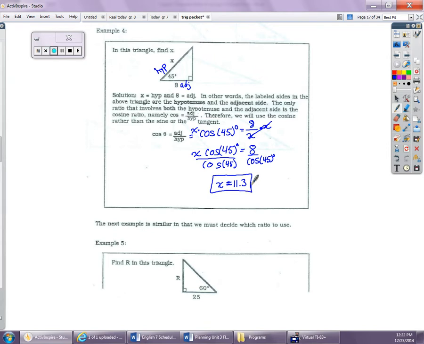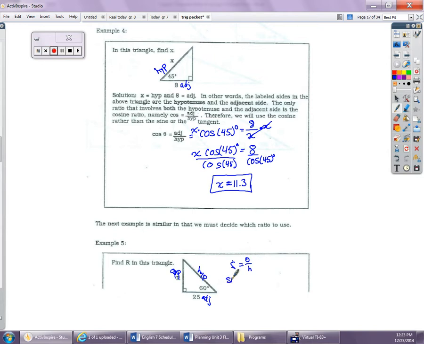So when we look at the next one, find r. Well, here's r, here's our angle, so this is our hypotenuse, this is adjacent, and this is opposite. So we are given opposite and adjacent. Which of these ratios uses opposite and adjacent? Sine. So we know we're going to use sine, which is opposite over adjacent.